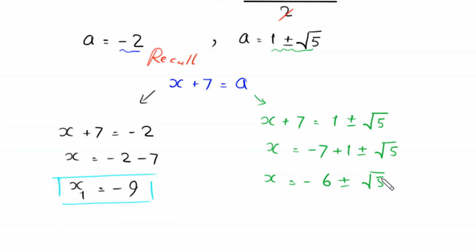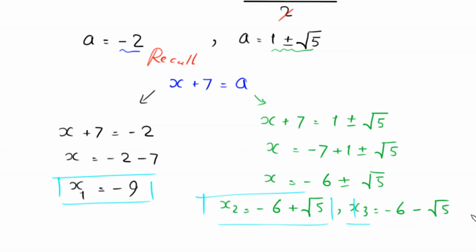So from here we get the other two values of x. x2 is equal to negative 6 plus root 5, and x3 is equal to negative 6 minus root 5. So these are the three solutions of this equation.